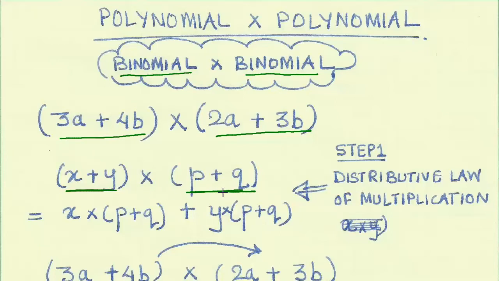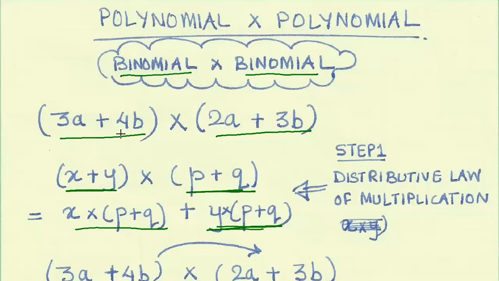We can simplify this by multiplying one of these terms with the other sum and then adding the other product of the other term with this sum, as shown here. So we multiply x by p plus q, and then we add this result to the product of y multiplied by p plus q. So this is the distributive law of multiplication.